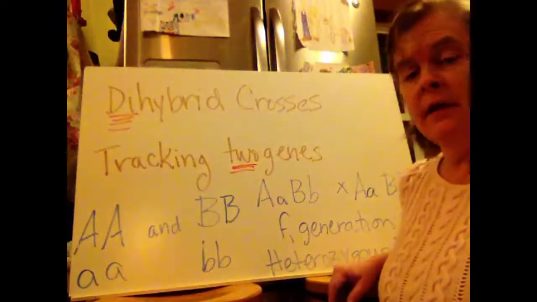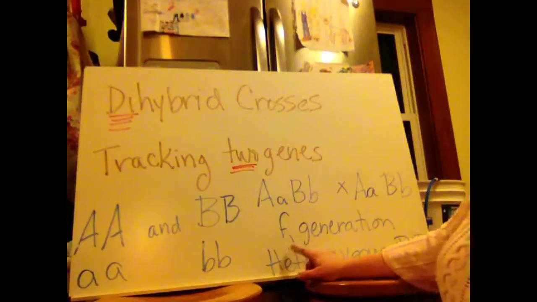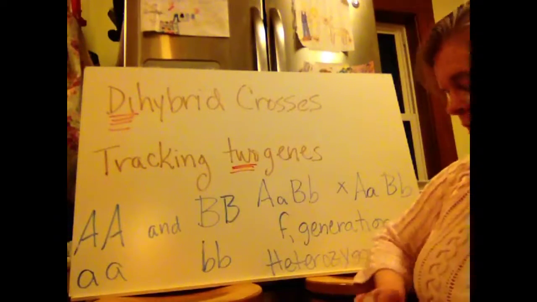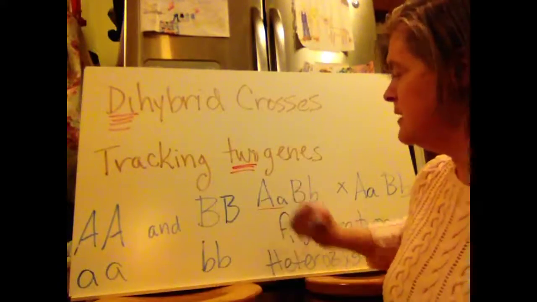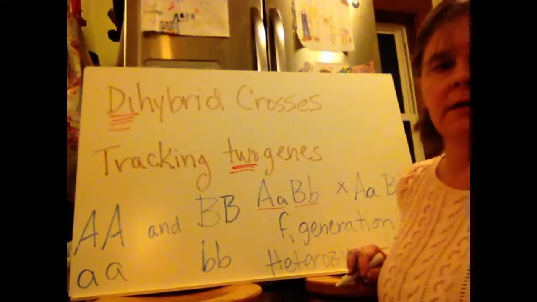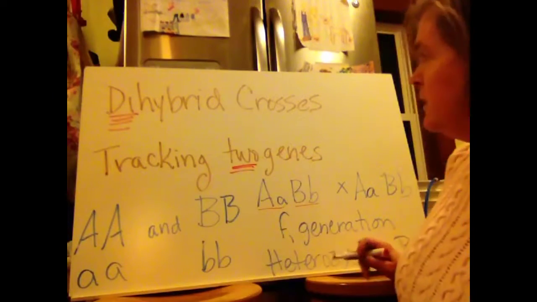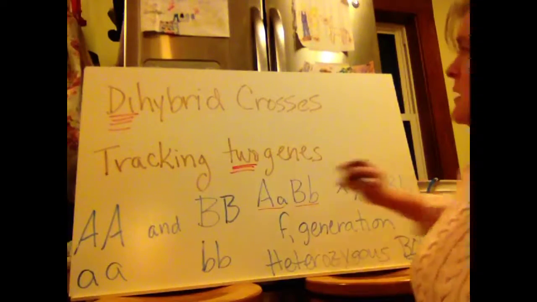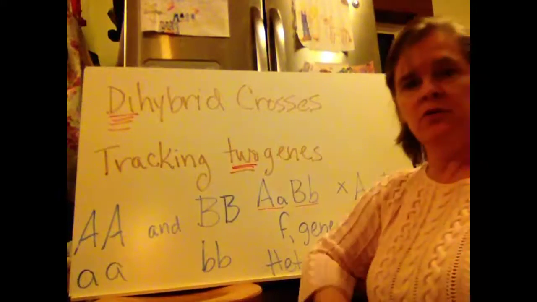The F1 generation is heterozygous for the A gene and heterozygous for the B gene. And we're going to cross both heterozygous parents in the dihybrid cross.